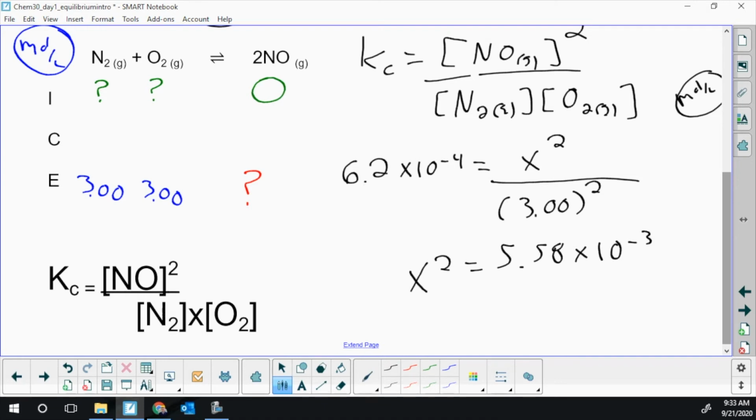Square root both sides, X, which is my concentration of NO, is 0.075. Now I carried extra digits. My Kc value has 2 sig figs, so I'm reporting my final answer to 2 sig figs. This carried an extra digit. And moles per liter are going to be our units, regardless of what unit analysis would tell us.